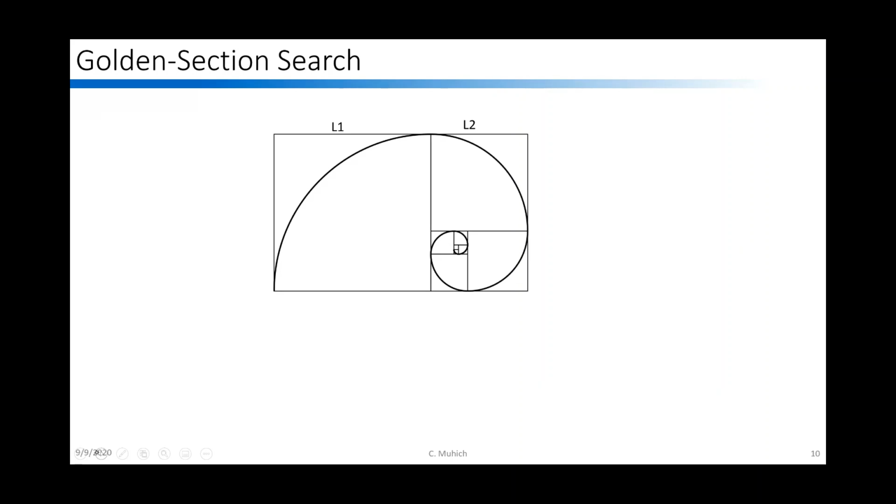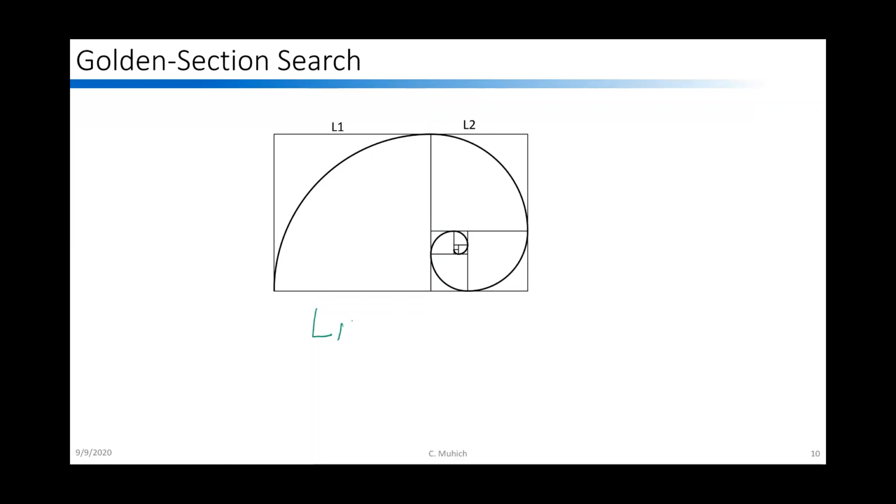The golden section search is interesting because of this ratio that we're going to use. If you remember from maybe an art class or an art history class, there was a lot of interest throughout history and in art in looking at the golden ratio.